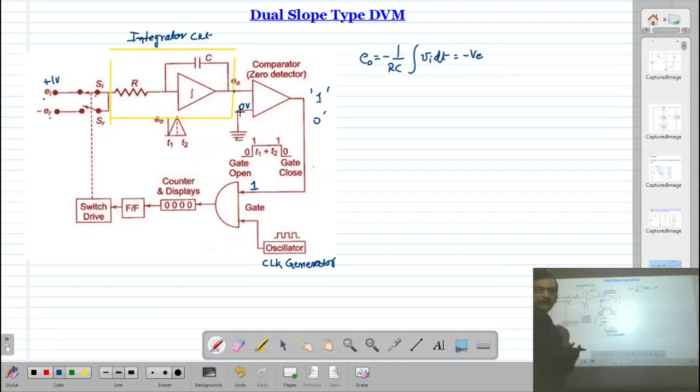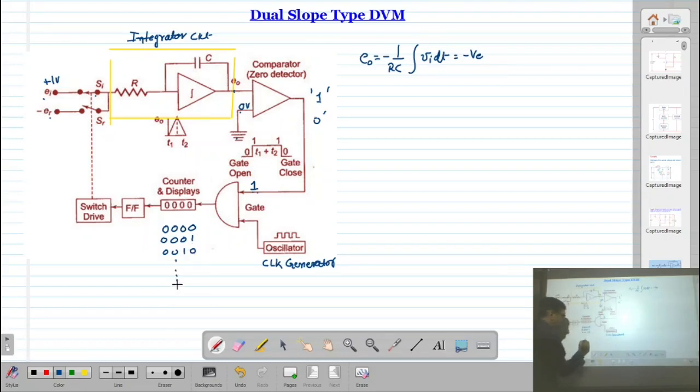Then naturally both the voltages are different, and therefore the output is going to be high. So this output voltage is given to the gate. So the gate is going to be open. So whatever clock pulses are there, they are going to pass through this AND gate. And here the counter, initially you will get the counter 0 0 0, then the second clock pulse will come 0 0 0 1, then 0 0 1 0.